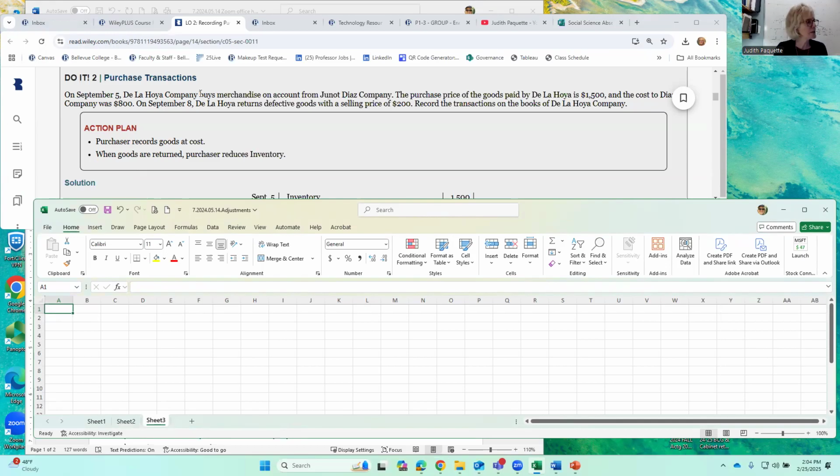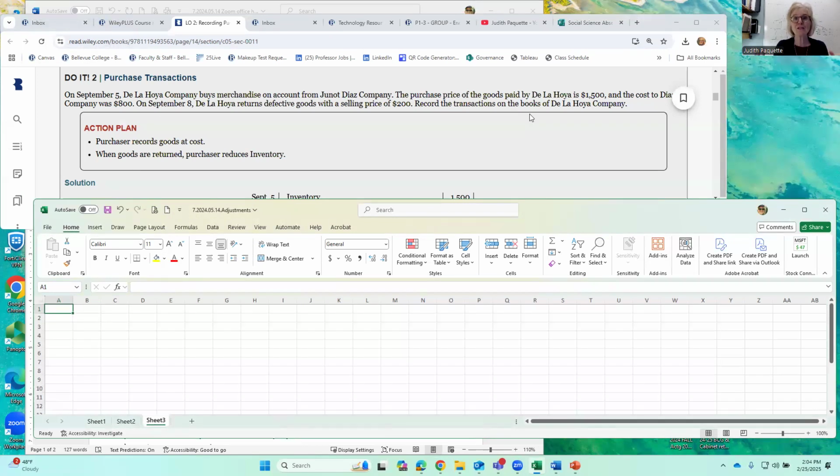You guys can see the screen. On account from Juno Diaz Company. The purchase price is $1,500 paid by de La Jolla. The cost to Diaz is $800. On September 8th, they returned goods $200.